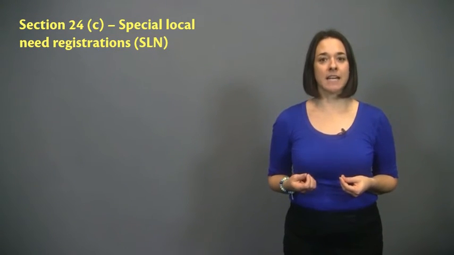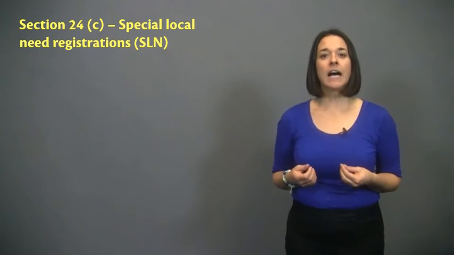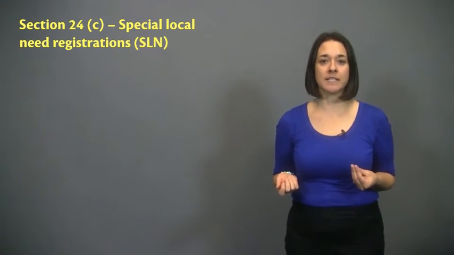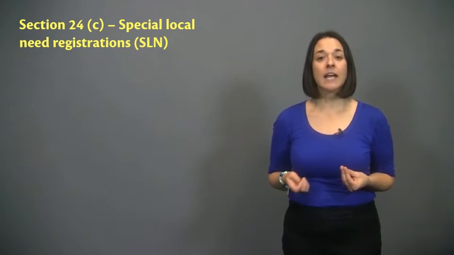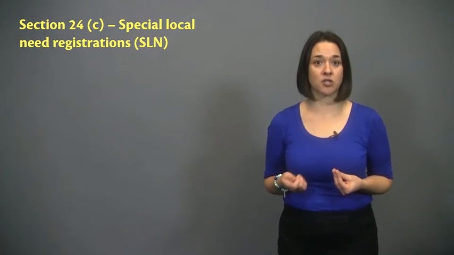Section 24C refers to the Special Local Need, SLN, registrations. The Federal Insecticide, Fungicide, and Rodenticide Act, FIFRA, allows state pesticide regulators to add a new use to an existing registered product in order to address a serious, specific pest situation.